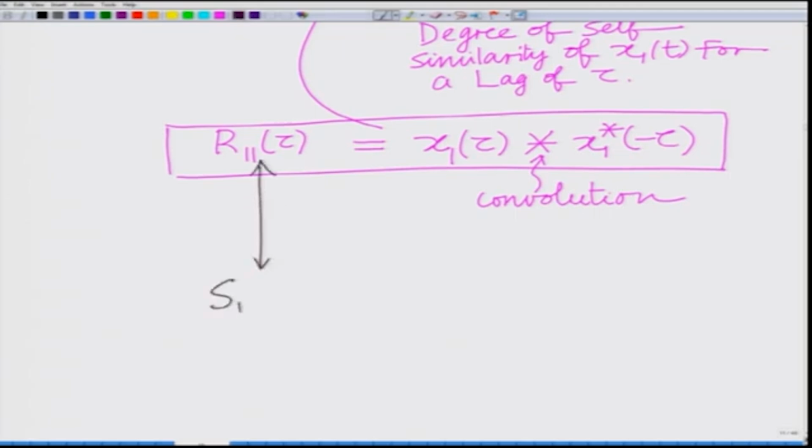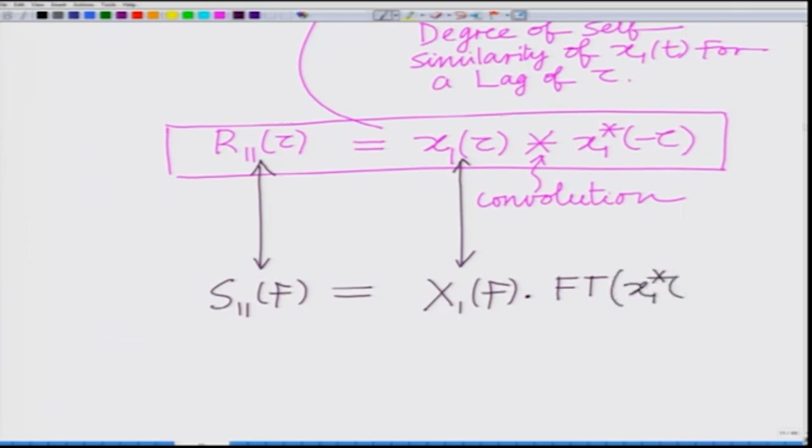And further, if you look at the Fourier transform, that is S11(f), the Fourier transform of the autocorrelation is the Fourier transform of x1(tau), which is x1(f), times the Fourier transform of x1 conjugate of minus tau, which, as we have shown previously, is x1 conjugate of f.